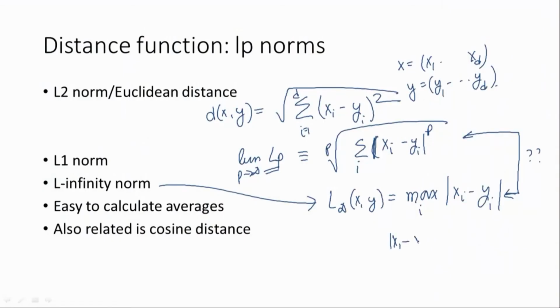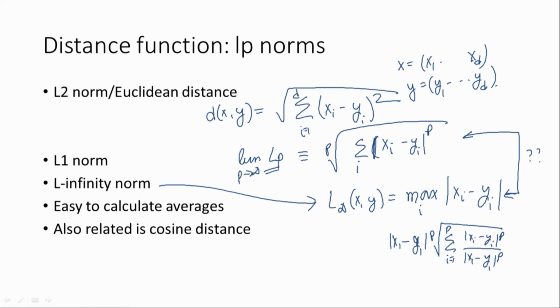Let's say I'm taking out x1 minus y1, and then the remaining sum becomes summation over i of xi minus yi to the power p divided by x1 minus y1 to the power p. Now each of these terms is less than 1 because it's divided by the maximum by definition.